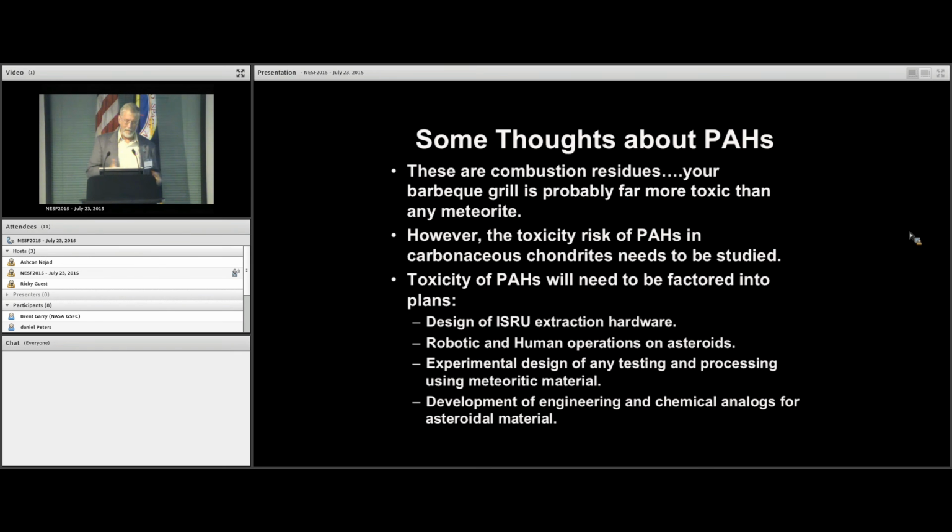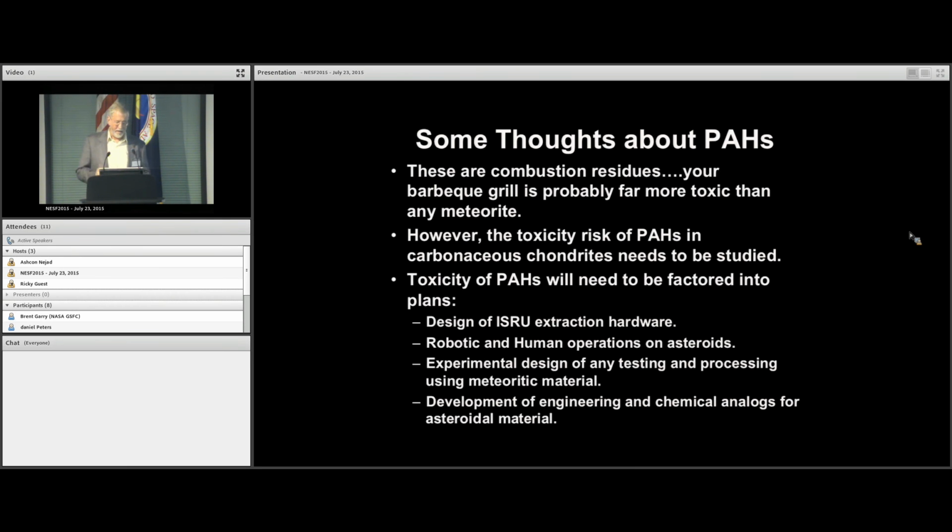So you just need to be a little bit careful. I would recommend against dry cutting of your carbonaceous chondrites in your lab and filling it with carbonaceous dust. But anyway, these are not terribly onerous requirements, just be a little bit careful.